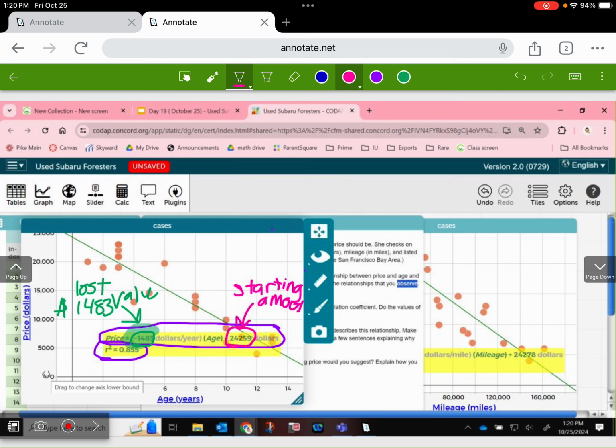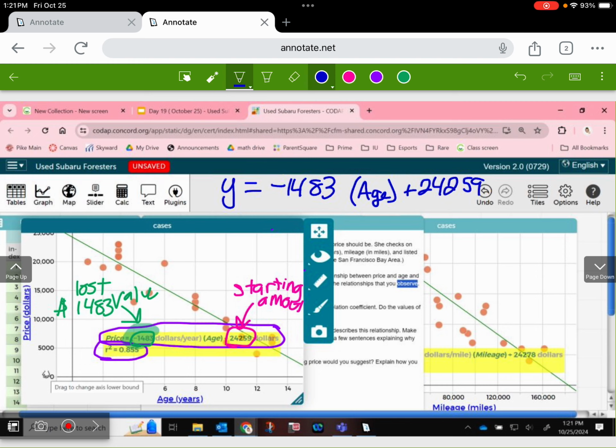Where are we putting the fact that her car is 9 years old? Because what this is, our equation, we've got y equals minus $1,483 per year, and then we've got age, and then it says plus 24,259.